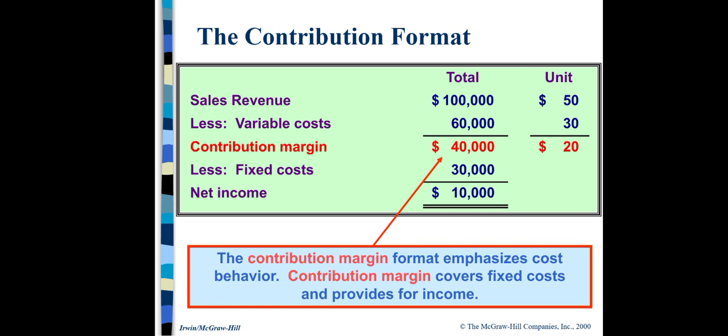Jadi kontribusi margin itu adalah selisih antara penjualan dengan variable cost. Jadi setelah manajer membedakan berapa total biaya variabel dan berapa total biaya tetap, maka kontribusi margin dapat diketahui dan net income bisa dihitung. Contribution margin ini penting untuk diketahui agar bisa menghitung net income secara akurat.